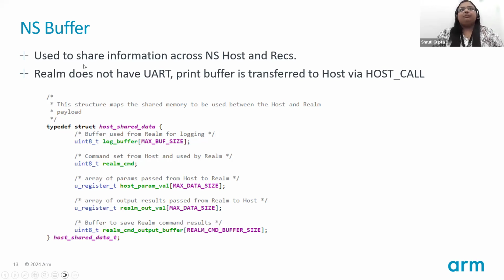So we pass all the print buffers to the host via this shared buffer, and the host prints it to the host UART. So in the shared buffer we have the log buffer, the command the host is supposed to run, and different parameter values and different structures which the test cases use.